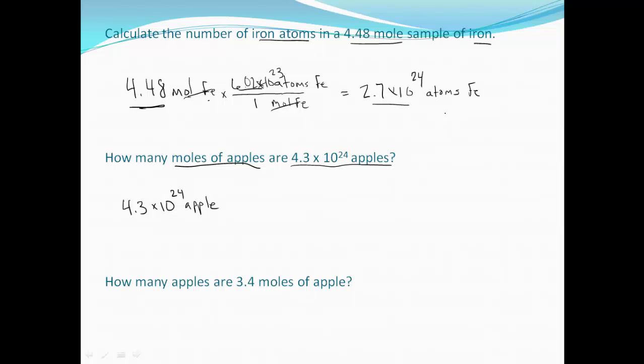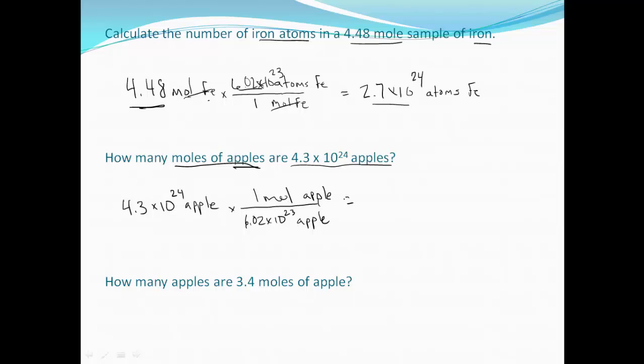So in chemistry, we're usually talking about moles of iron, copper, elements or compounds, but you can have moles of anything. A mole of apples, for example. So if we have this many apples and we want to convert that to moles, we're going to have 6.02 times 10 to the 23rd apples per mole of apples.